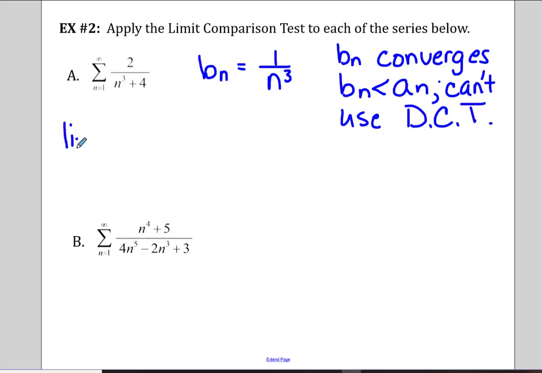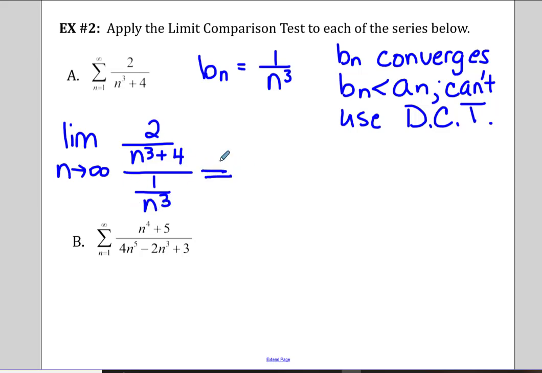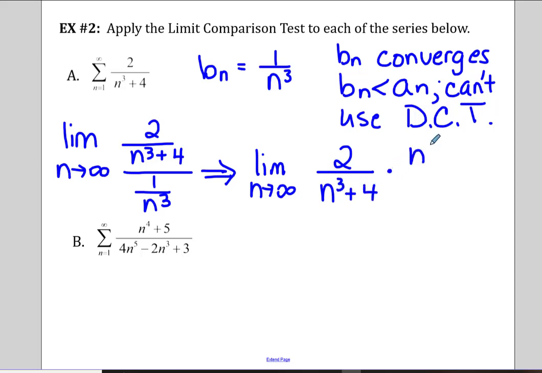So here's how the limit test works. We want to take the limit as n approaches infinity of 2 over n cubed plus 4, and we want to divide that by 1 over n cubed. Now, what happens to all of that? The limit as n approaches infinity of 2 over n cubed plus 4 times n cubed over 1.